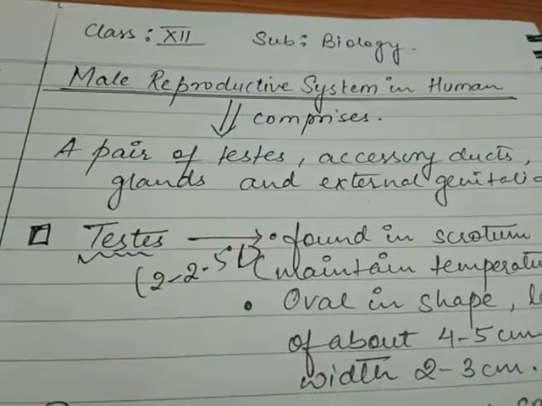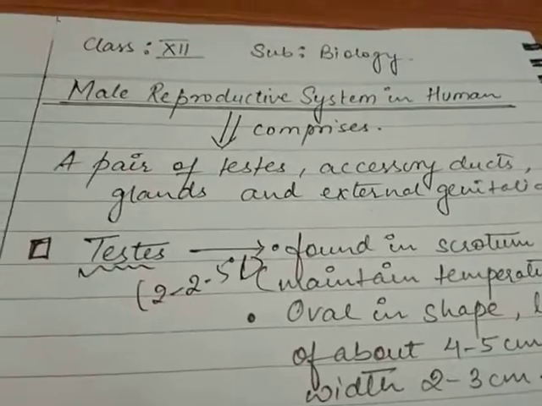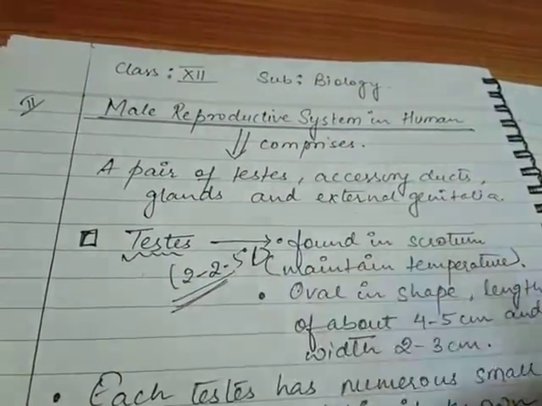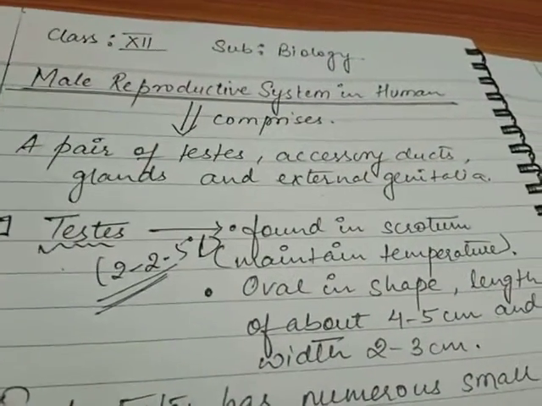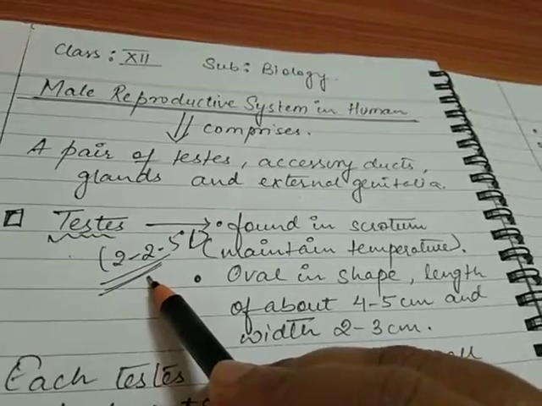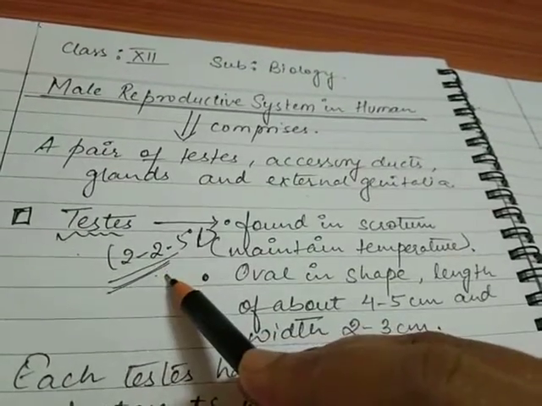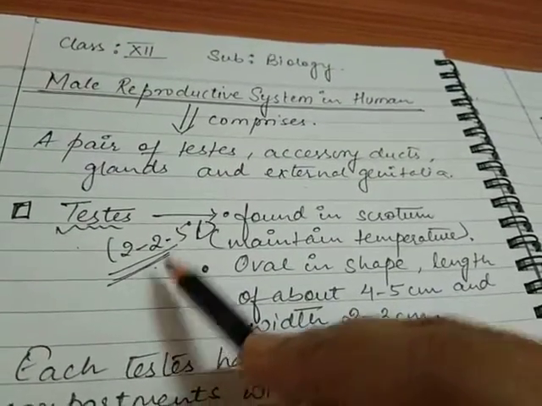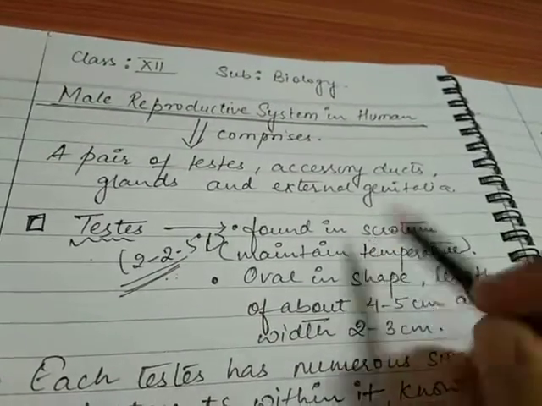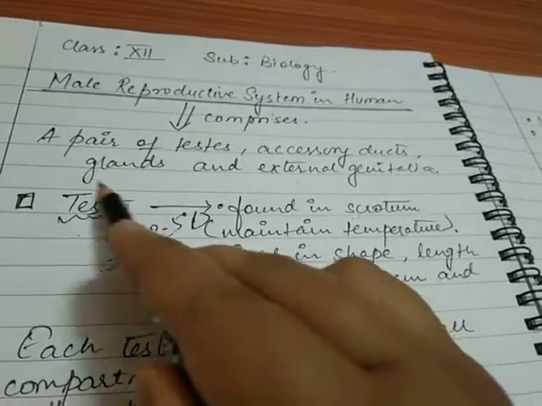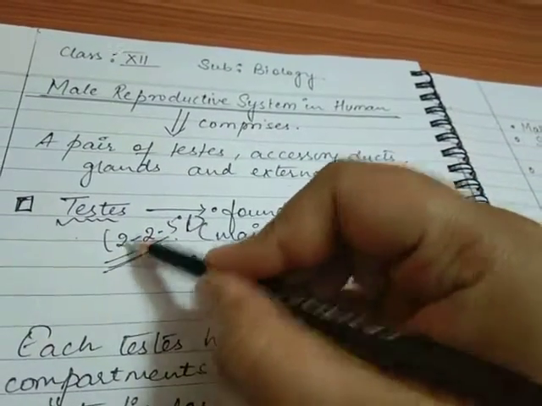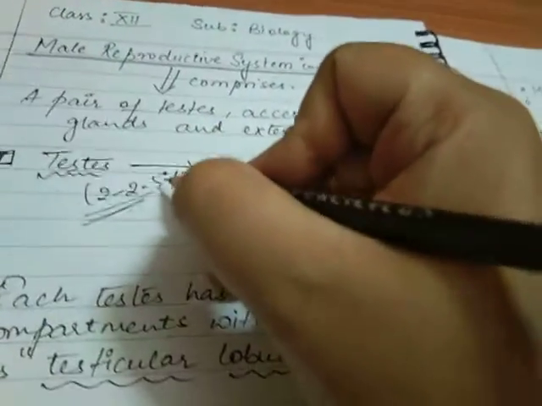Students, it's very important for you to know that this temperature should be maintained within the testes, because if the temperature rises above this degree Celsius, then the sperms may be destroyed. So the main function of the scrotum or the scrotal sac, which encircles or covers the testes, is to maintain the temperature between 2 to 2.5 degrees Celsius.